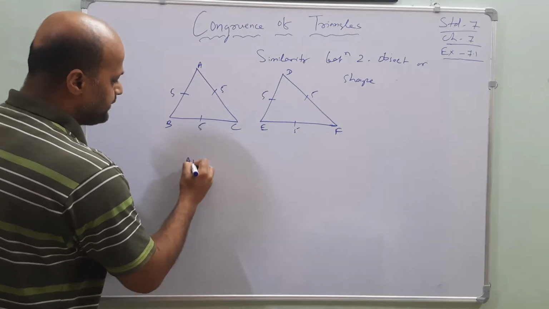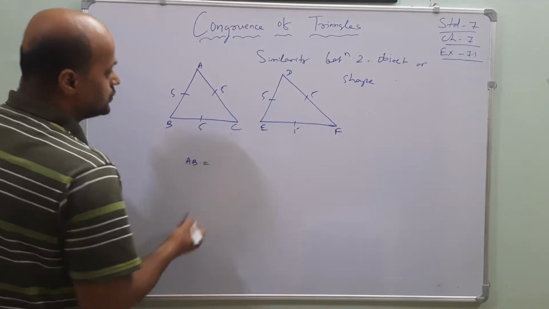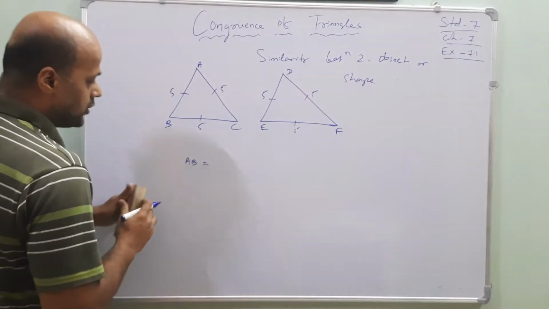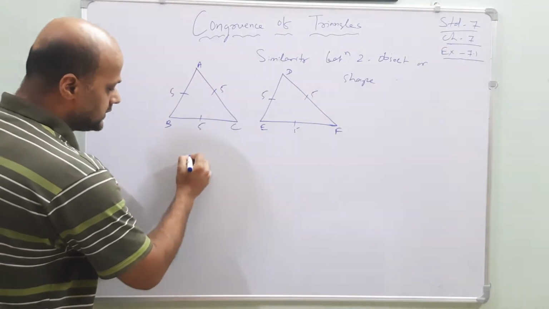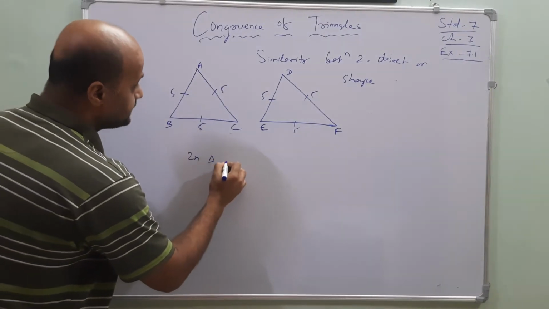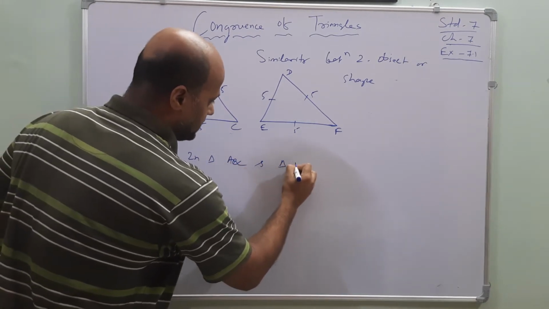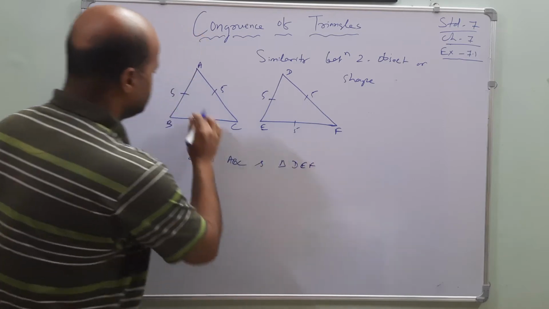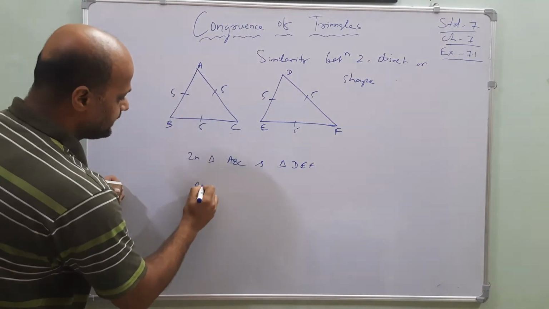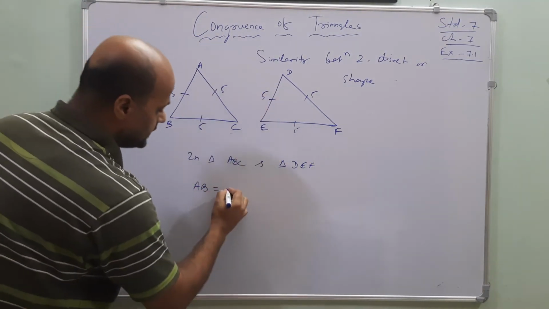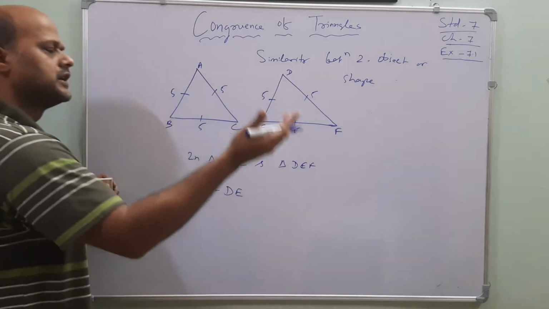So in triangle ABC and triangle DEF, AB is equal to DE, because it is an equilateral triangle, you can take anything.